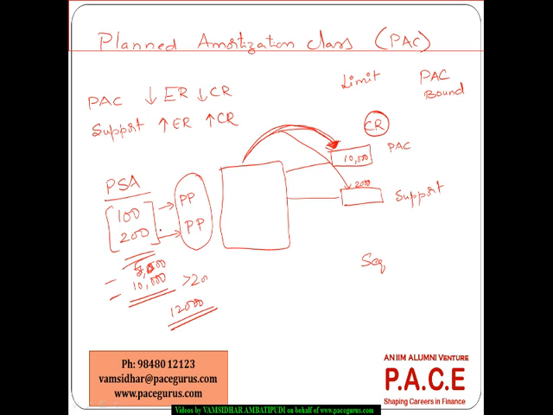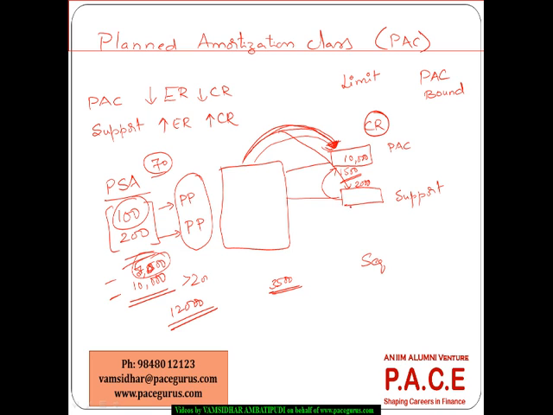Similarly, let's say the prepayment has slowed down, it has gone only to 70, meaning only 3,500 has been received. Whereas the limit that has been set is 100, which means 5,000 needs to be received as a prepayment. So the prepayments are slower here. So 1,500 would be funded by the support tranche to this tranche.